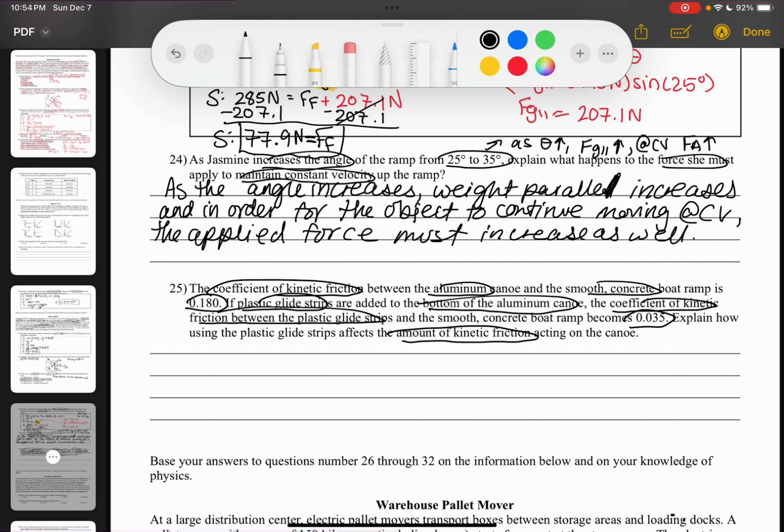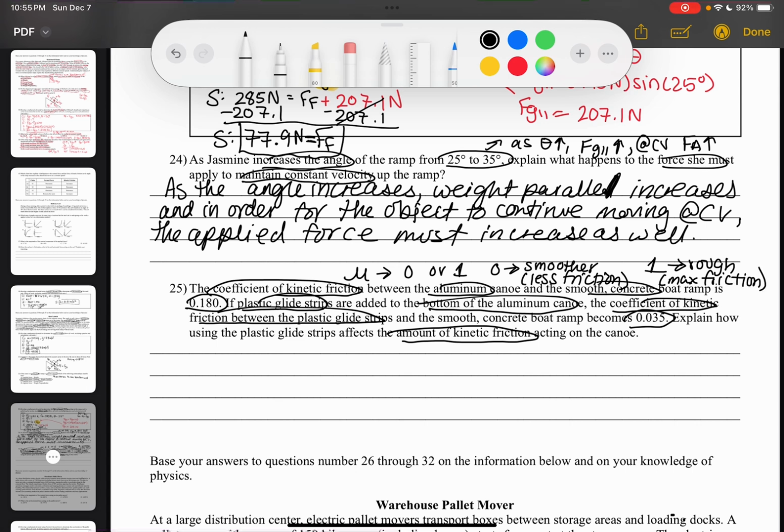So what they're giving you is this coefficient of friction, right? This mu value. And this is a ratio of the smoothness between the surfaces, right? So this is a value that's between 0 and 1. 0 means it's smoother, so you have less friction. And if it's a number closer to 1, that means it's very rough and you have max friction.